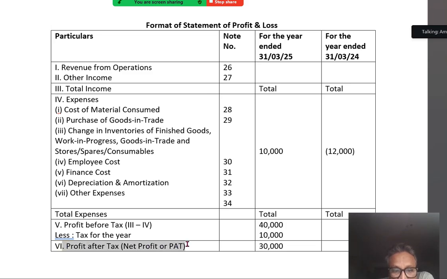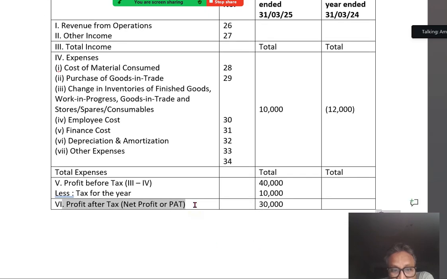At the end we get profit after tax here. Once profit after tax is determined, these profits are taken to notes to accounts of reserves and surplus, right?